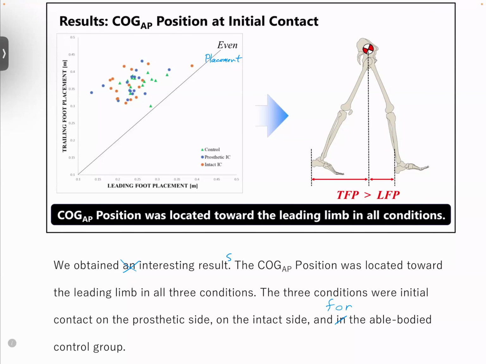Now, I have a question for you. You had 16 prosthetic participants. How many control group members? Were there 16 control group members? I must make sure, but maybe it's 16.